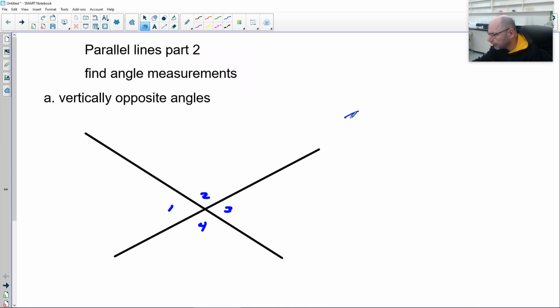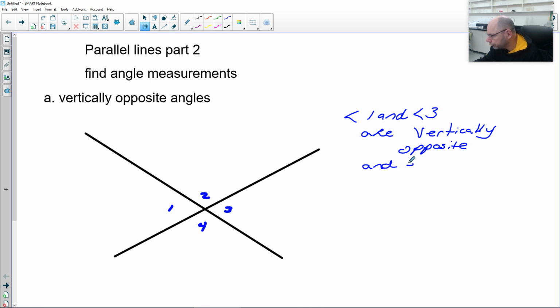Okay, angle 1 and angle 3 are vertically opposite, they're called, and equal in measure. Okay, so those ones are equal.